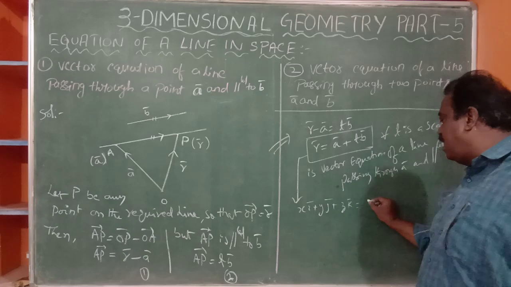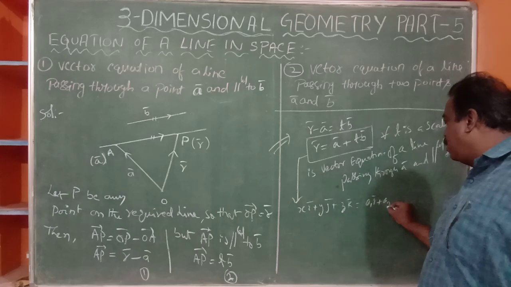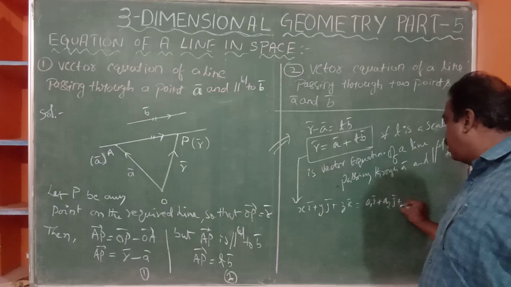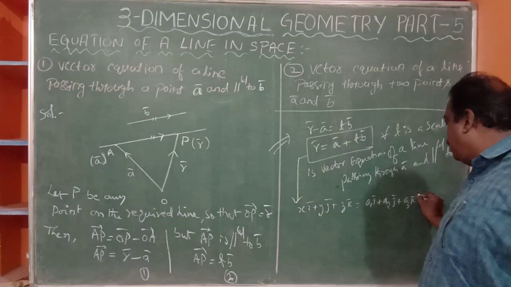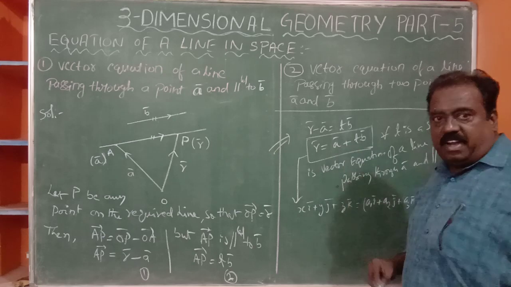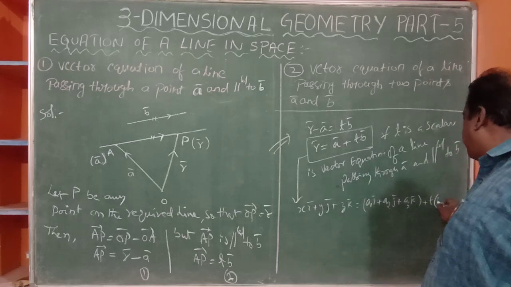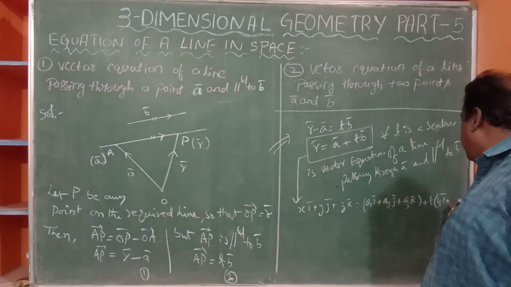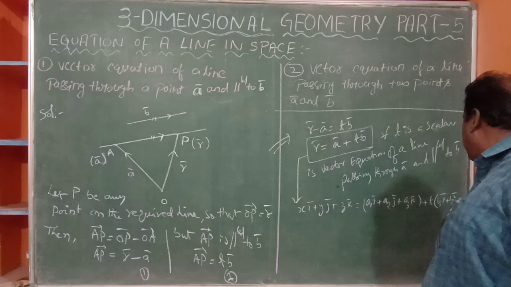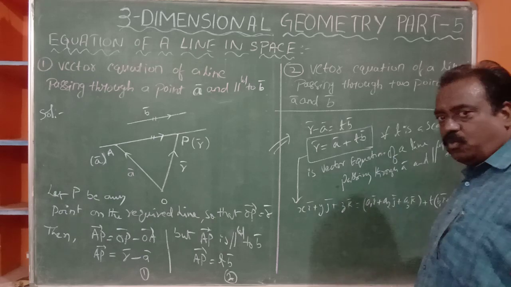Whereas A bar is A1i plus A2j plus A3k, it is the component form of A bar, plus t times B1i, B2j, B3k. Okay, now you see that.